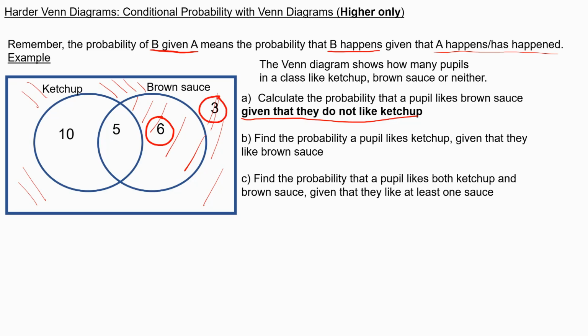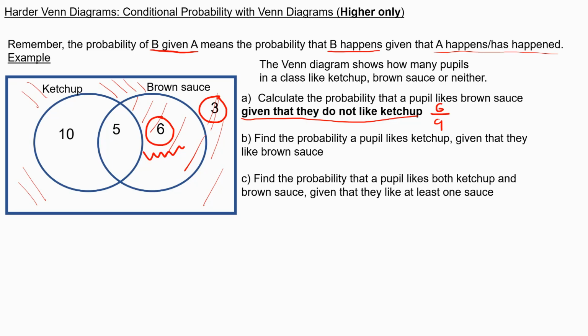So I'm going to restrict myself to just these 9 pupils. Basically I can ignore everything else, the 10 and 5 in the ketchup circle. So the probability that a pupil likes brown sauce, given that they do not like ketchup, is going to be 6 out of 9, because there are 9 pupils in the specified region outside of ketchup.